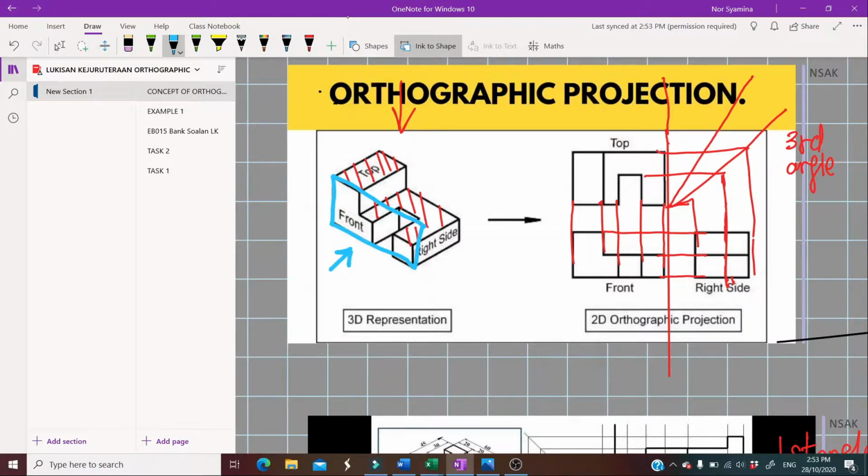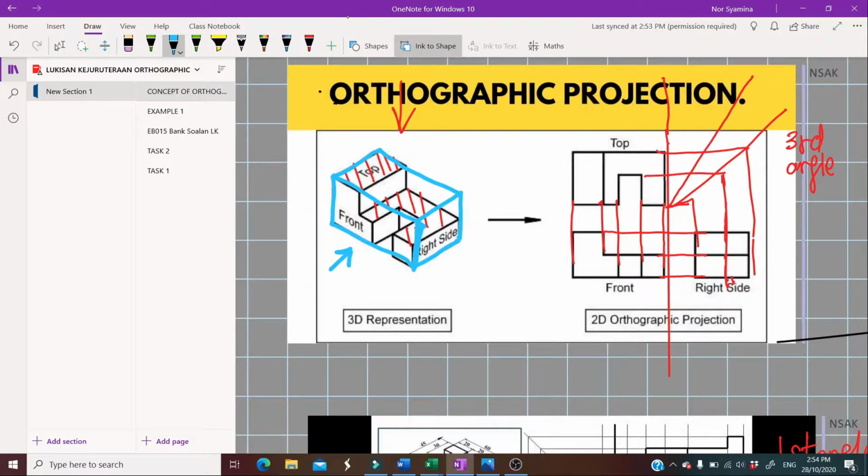Now I drew it in a wrong manner, but I hope you can see that I'm trying to draw a box here. This is to represent the side view, and this is to represent the top view. Now if you look at it, inside, outside, this blue line shows that it can be seen as if it's a box.